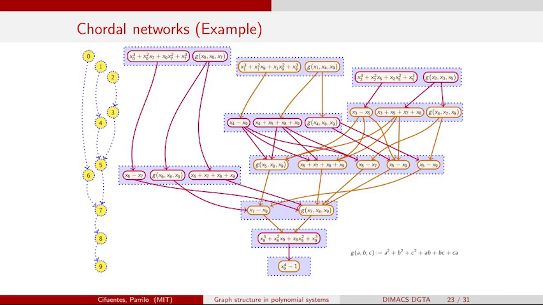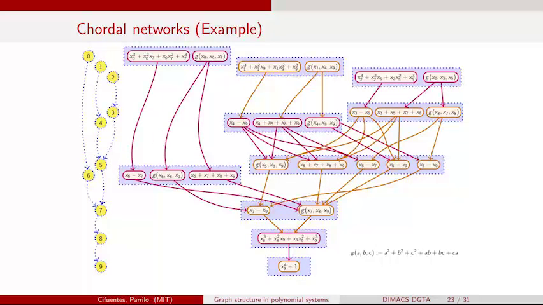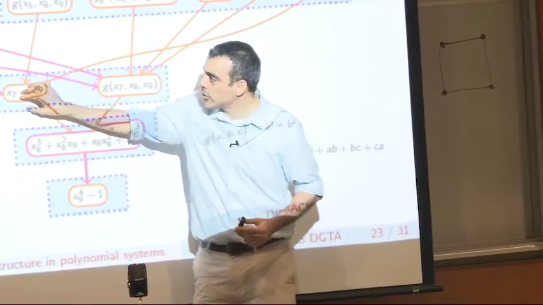If this object in here is the elimination tree that I described before, notice it's skinnier, but this tree is exactly the one that we have in here. So the structure of a chordal network, from far away, is going to be exactly the same. The nodes in there are now going to be polynomial sets. So in here, I have a set of polynomials.